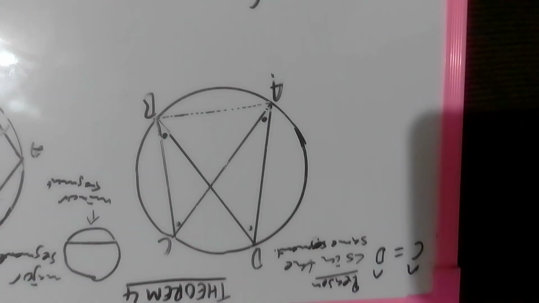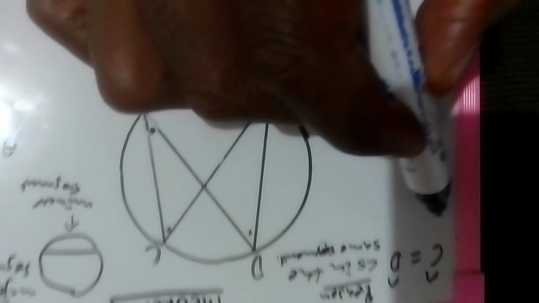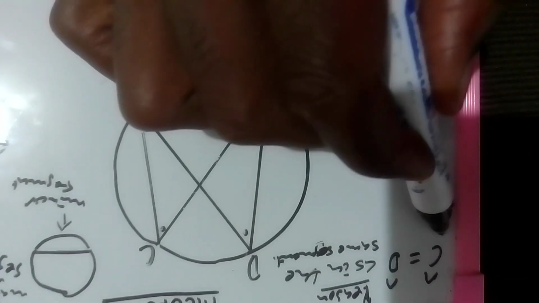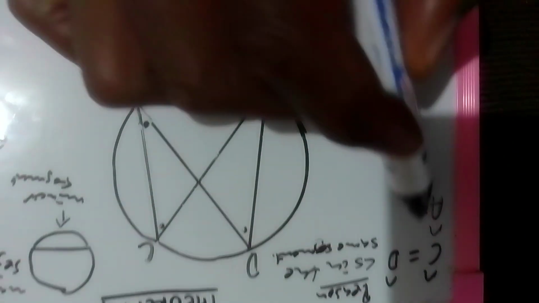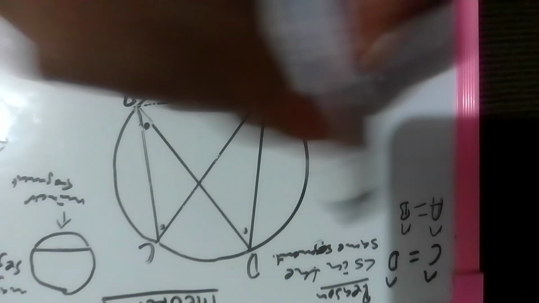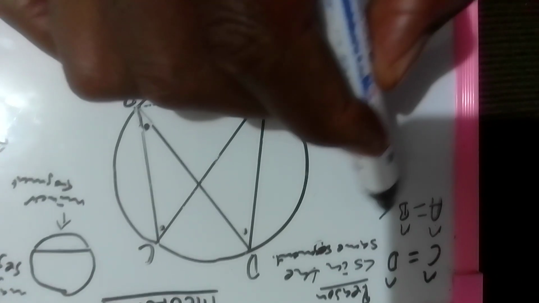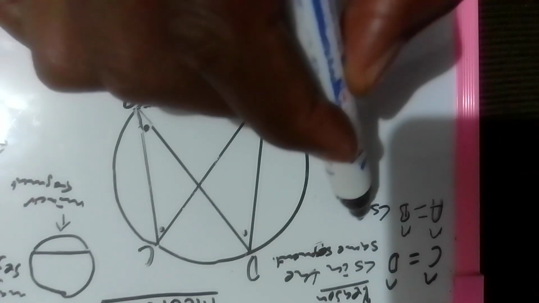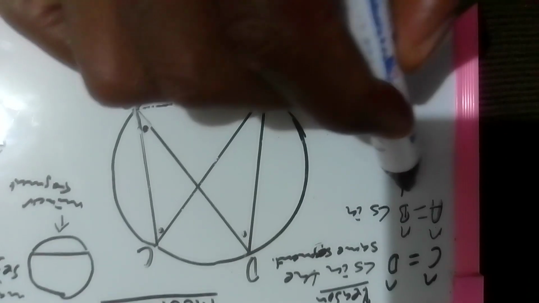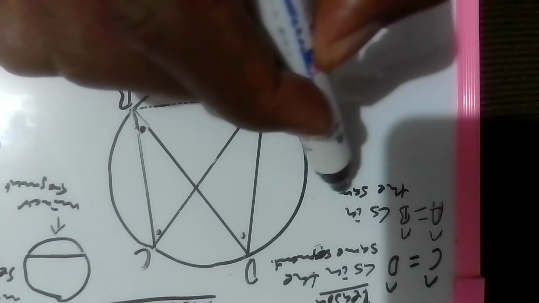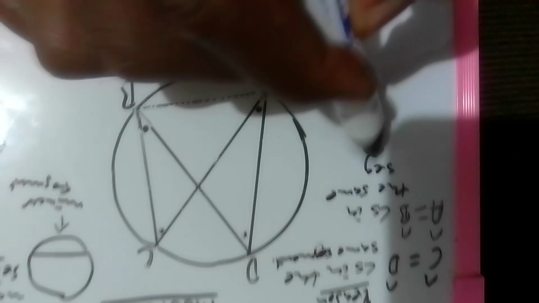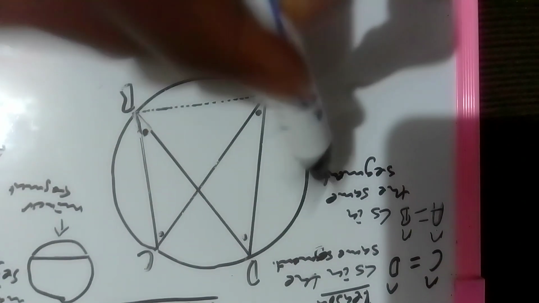So I'm going to rotate my board and come here and write that angle A is equal to angle B, and my reason will be angles in the same segment. And when I've done that, I'm done.